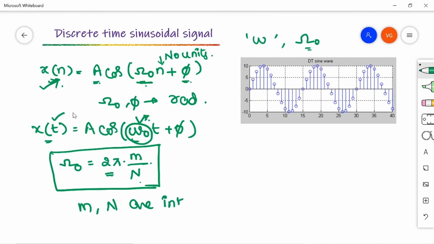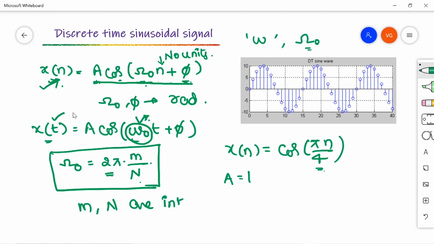Now let us consider one example. Suppose x of n is cos of pi by 4 n, right? Now you have to compare this with the standard form, a cos of omega naught n plus phi. Comparing, a is equal to 1, the amplitude, omega naught is equal to pi by 4, and phi, the phase angle, is 0, right? Now this omega naught, pi by 4, you have to write in the form of a multiple of 2 pi.